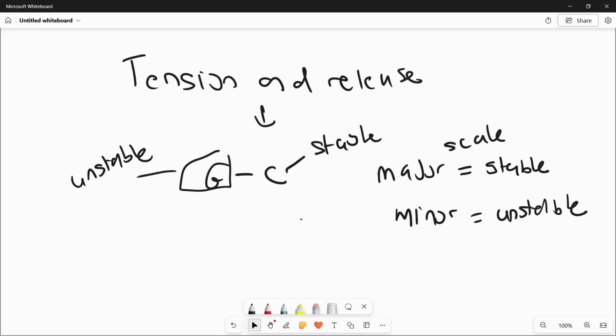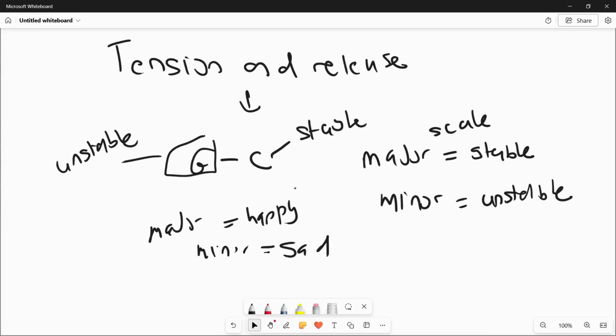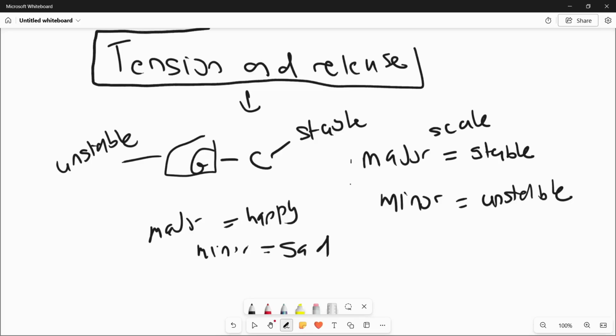There's more to just major being happy and minor being sad. There's more to it. So from now on, I would advise to describe major and minor scales based on this tension and release.